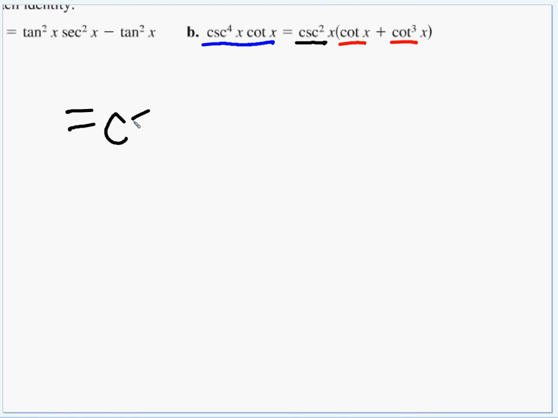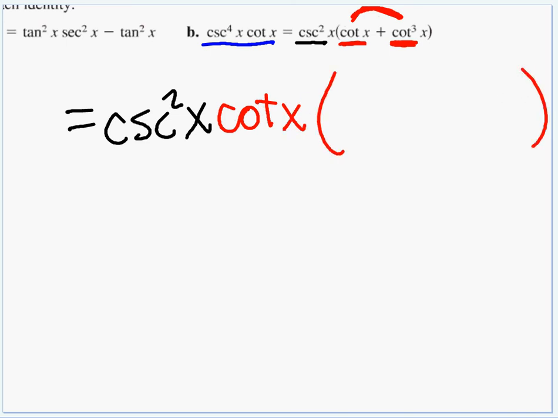First, I'm going to bring down that cosecant squared. And then we're going to factor out one of these cotan of x's from that parenthesis. So out comes a cotan x, and then we're going to have a set of parentheses with some stuff left in there. The first cotan we factored out was first power, so we need a placeholder 1 plus cotan cubed, when we factor out a cotan x, is now cotan squared x.